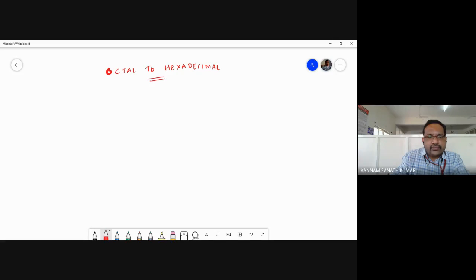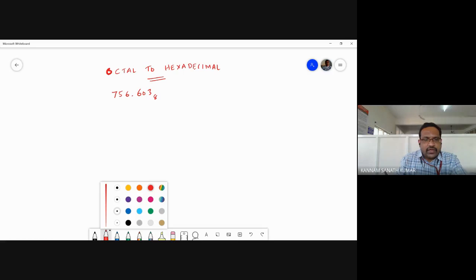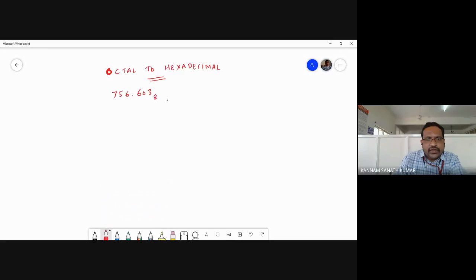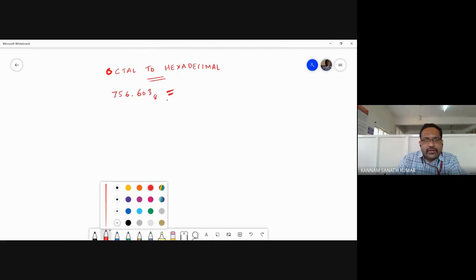Suppose he has given one octal value 756.603 to the base 8. You need to convert it into hexadecimal. Now, whatever the octal value is, you can't directly find the hexadecimal. So what you should do first is convert the octal value into binary value. After that, combine 4 bits, and you can convert 4 bits into hexadecimal.